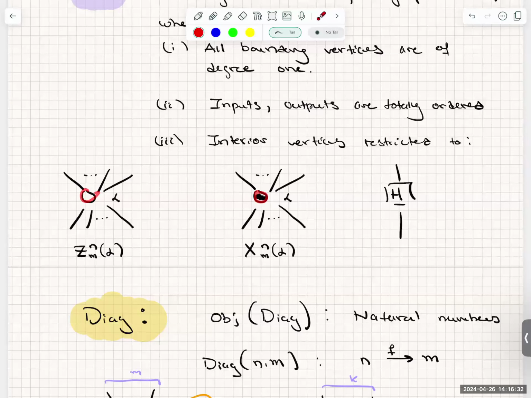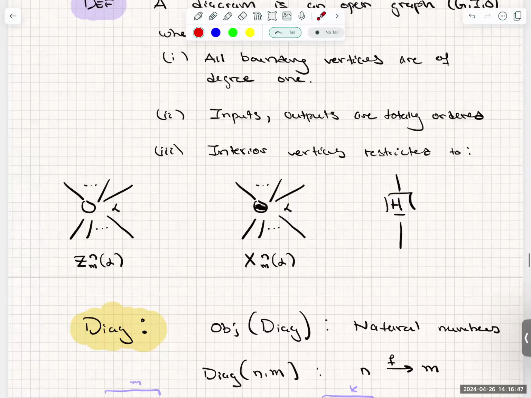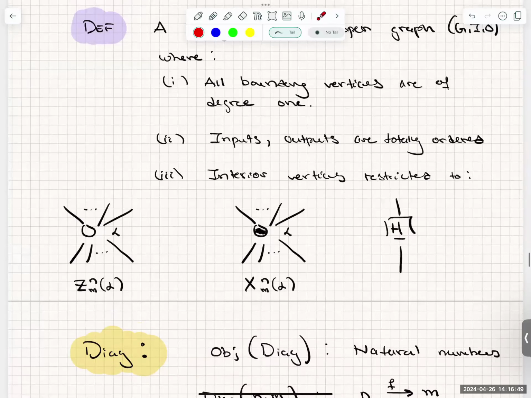Similarly, just with the colors reversed. And this is the one new element, which is suggestively labeled H, which is restricted to be a vertex of degree 2. We give it its own little notation H, and this will eventually be related to the Hadamard. Oh, there's a question. Very nice.